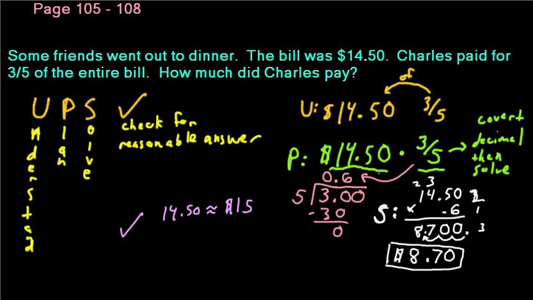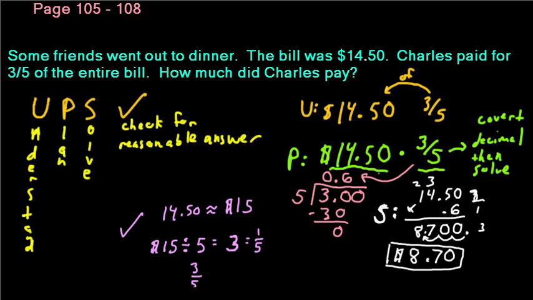So I'm going to divide $15 by 5. That gives me 3. So each piece is about 3, and that equals 1/5.